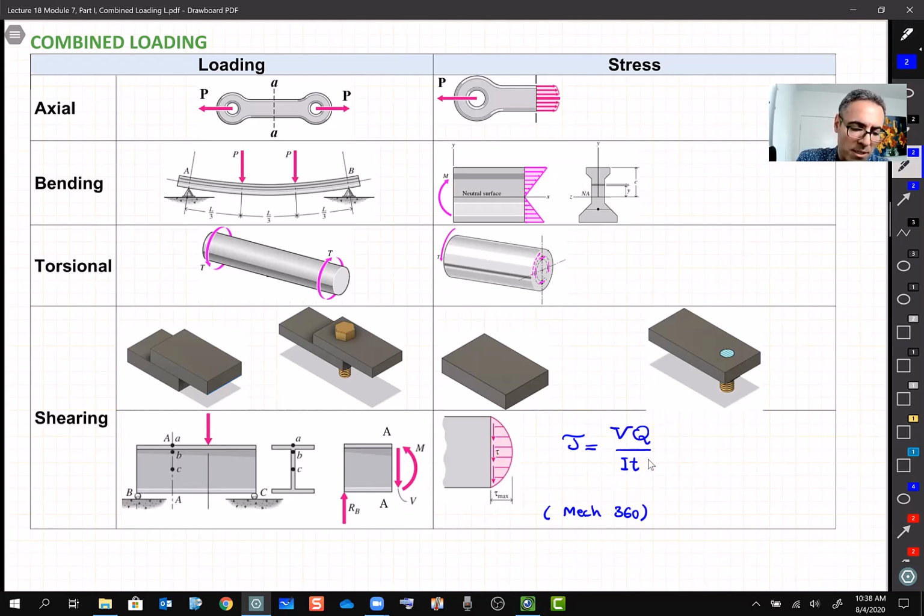Let's say if I want to calculate the stress at point B, this is the thickness at point B. If somebody wants to calculate the stress at point A, then this is the width or thickness of the cross section at that area. And this Q, we call it the first moment of area.